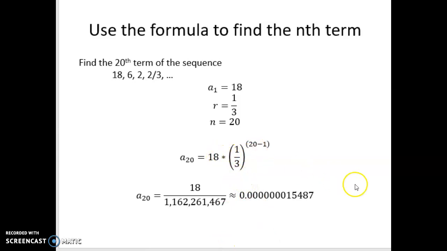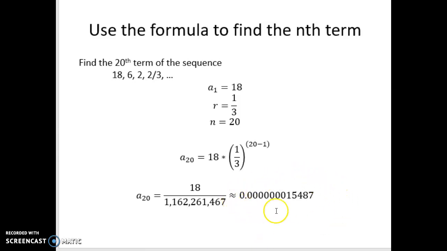Now I'm just multiplying that by 18. Even if you did this in your calculator, you might get a decimal that looks approximately like the decimal that you see here. But if we wanted to put this in exact fraction form, we could write it as 18 over 1,162,261,467.